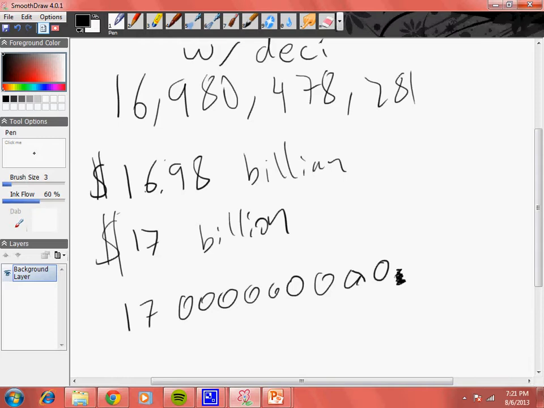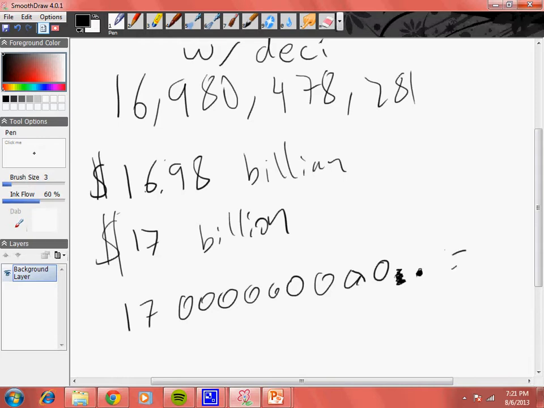If the decimal is not there, he has roughly 17 billion. But if the decimal is there, he has exactly 17 billion. So that's the difference. When we know exactly that it's 17 billion, these zeros that first didn't matter do matter now because they're right there behind the decimal.